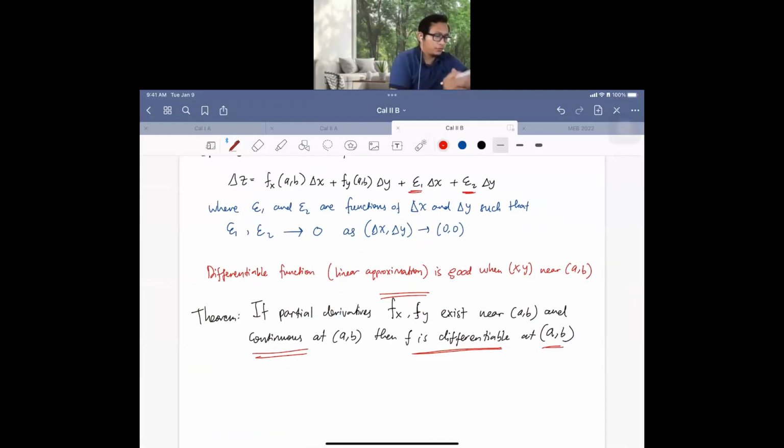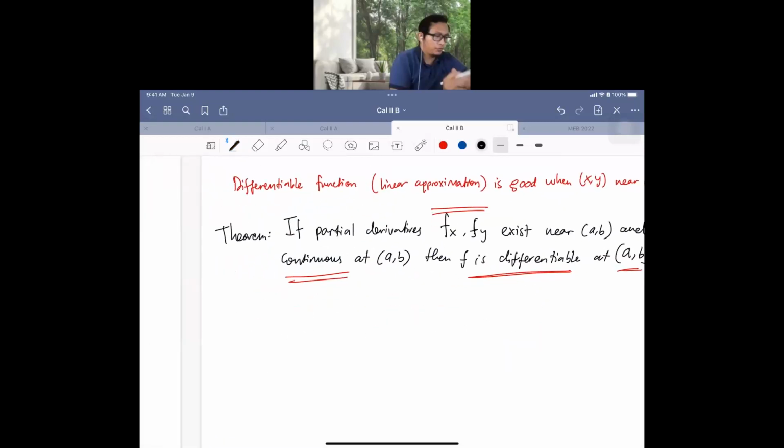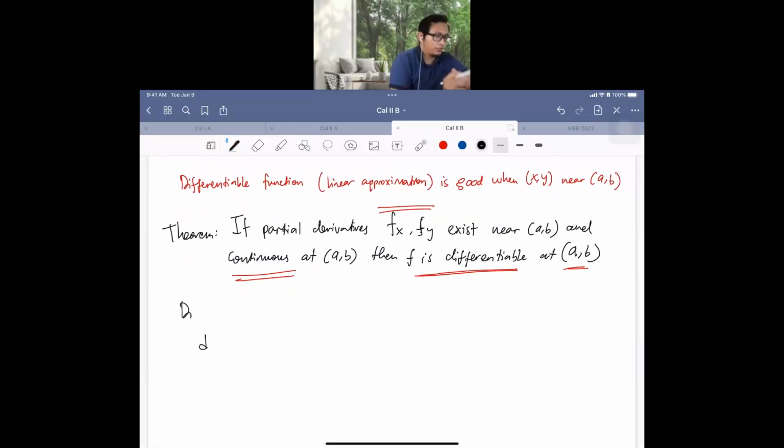We write the differential as dou z dou x dx plus dou z dou y dy, and we define this as a differential.